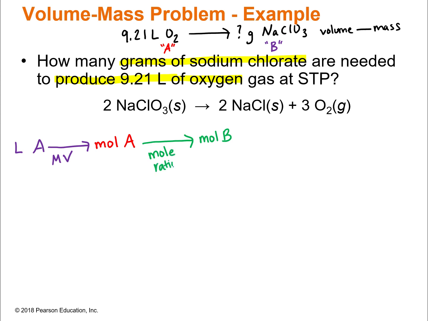We need our mole ratio to get from moles of A to moles of B. And then we get to grams of B using the molar mass.